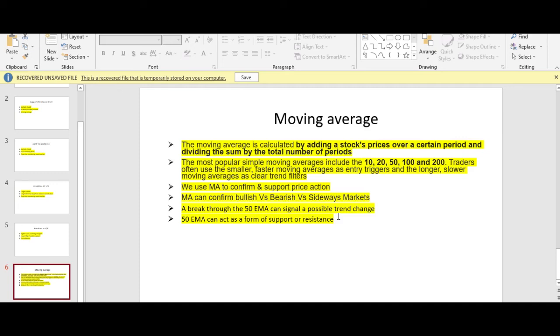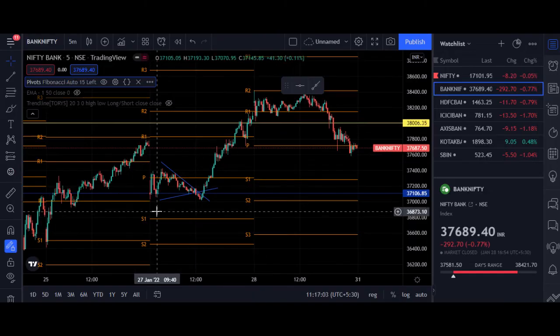So what is the use of moving averages? Let us quickly go into our chart. I have already put the exponential moving average. What time frame should you use here? You can put a time frame of 5 minutes. The length is the number of days.